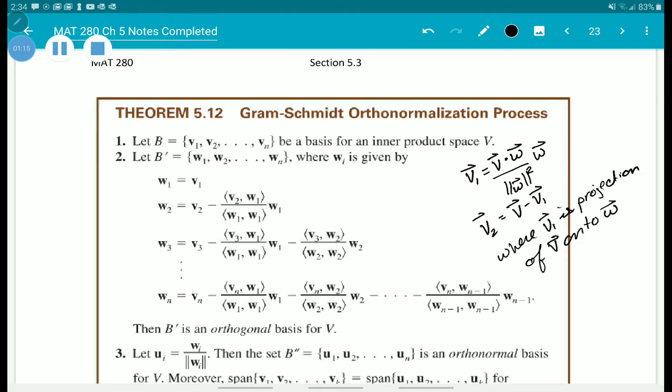So we said we could decompose this vector into two pieces, where v1 is going to be parallel to vector w and v2 is going to be orthogonal. And v1 can be found by taking v dot w over the magnitude of w squared.